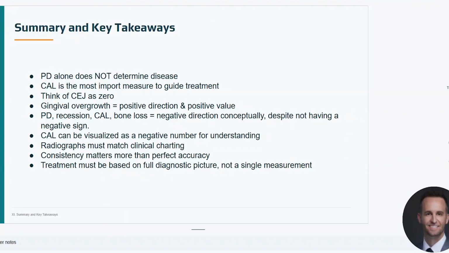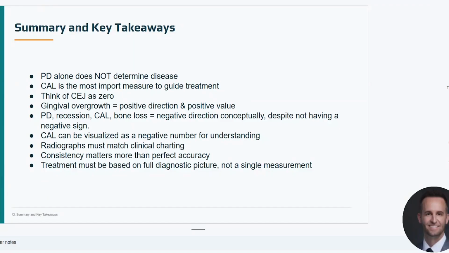Radiographs must match clinical charting. Consistency matters more than perfect accuracy. I don't care if we were to take a piece of the gum tissue off and measure it under a microscope if it's exactly 4 millimeters, as long as you're close. But I want you to be consistent. I want you to measure the same way every time, measure properly with the proper angulation, so that we can have some consistency.